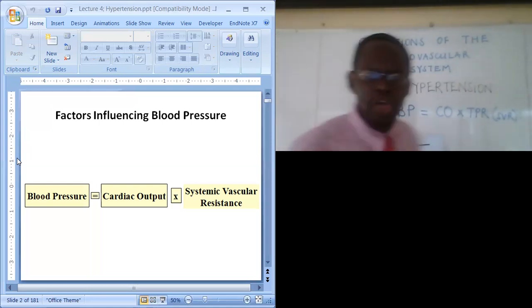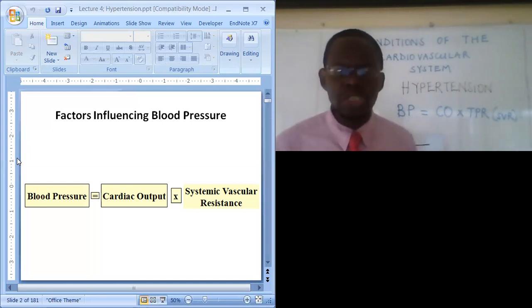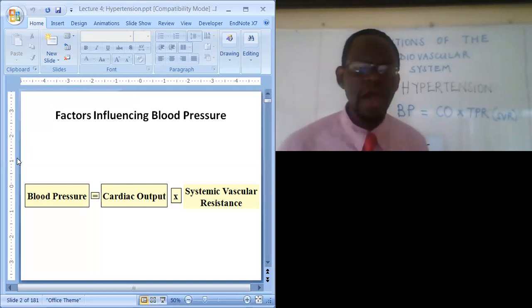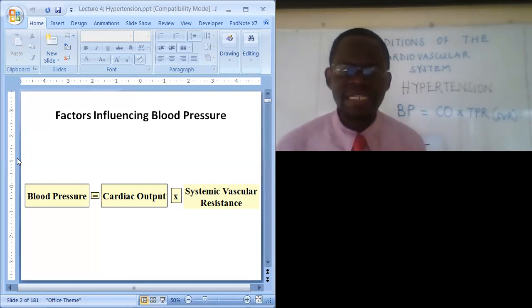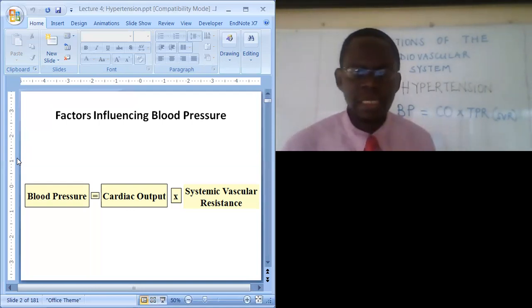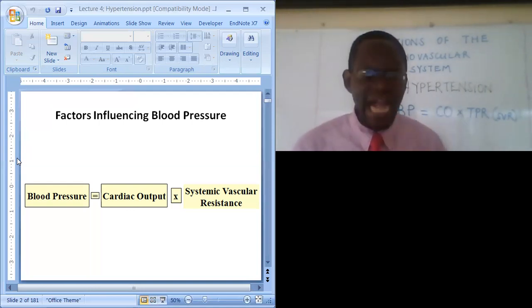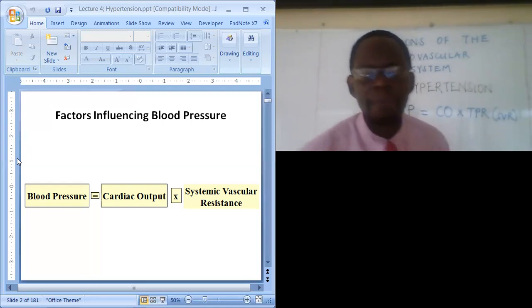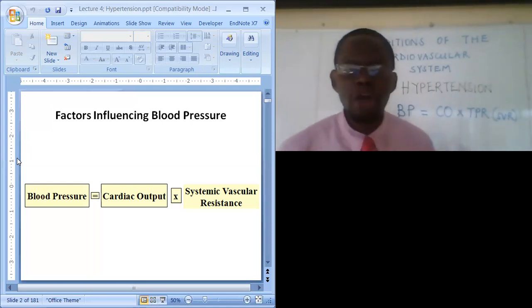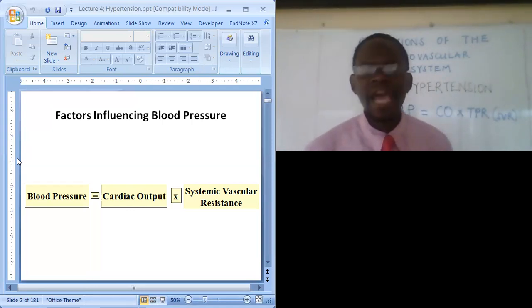Cardiac output is the amount of blood that is pumped out of the heart chambers on the left and on the right in 1 minute. And this cardiac output is also determined by what we call the stroke volume and the heart rate.